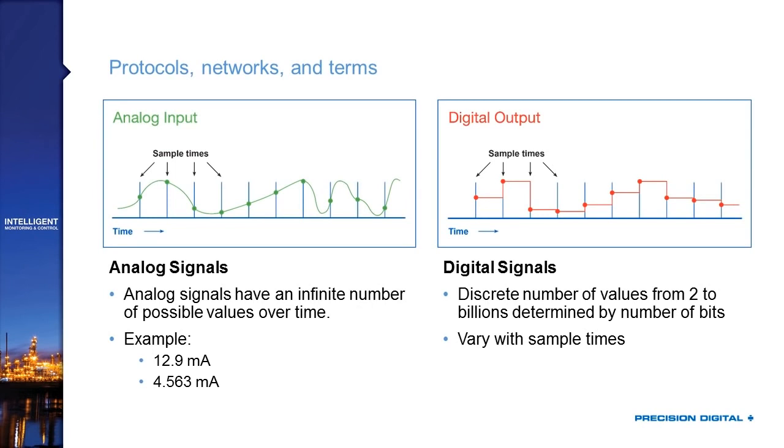And as it's an analog signal, it's going to fluctuate over time. You would imagine a 4 to 20 milliamp signal might. And at any time, it could change to be some other value. The way a digital signal works is that if I were to take this analog signal and convert it into a digital signal, it's going to operate in time slices, or sample times.